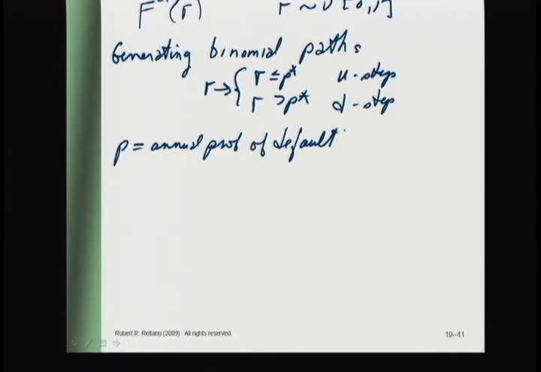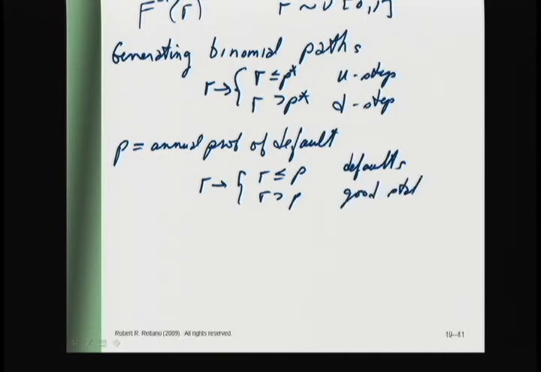Again, I can do the same thing. I generate a random R for each year in my model. And if R is less than or equal to P, it defaults. If R is greater than P, it stays in good status. And this does exactly the right thing, because the probability of default in any year is P.